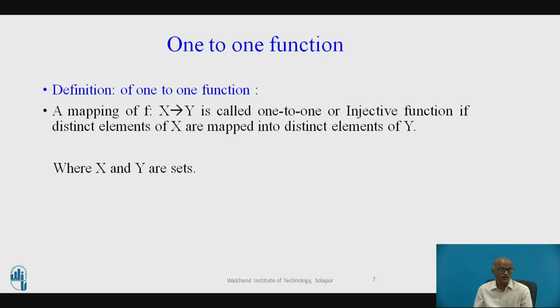A mapping of set X to set Y, called function f, is called one-to-one, or also an injective function, if the distinct elements of set X are mapped to distinct elements of set Y. Then it is called a one-to-one function.